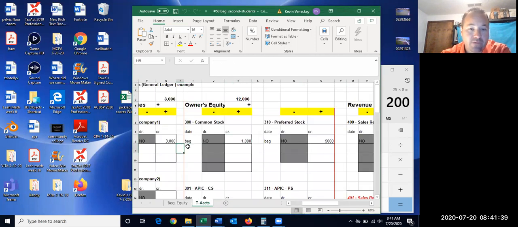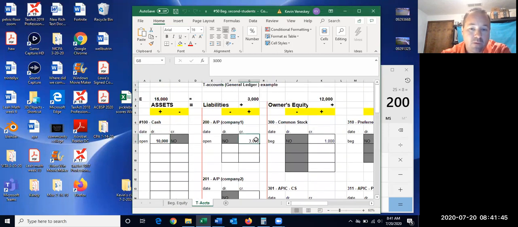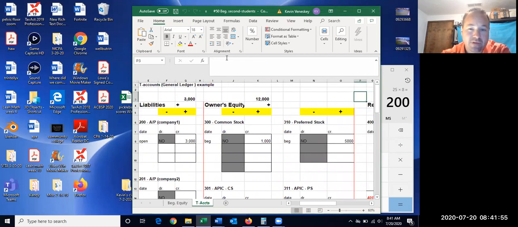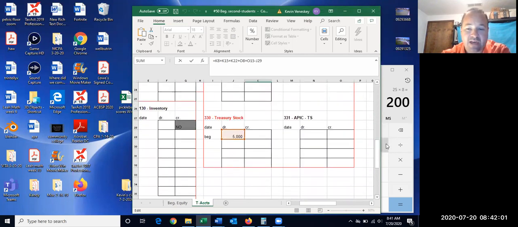Over here in assets and liabilities, we have some cash, equipment at the bottom, and an accounts payable, and both sides right now equal 15,000. You can see the owner's equity has a lot more things added up, and this one is subtracted because it's contra.